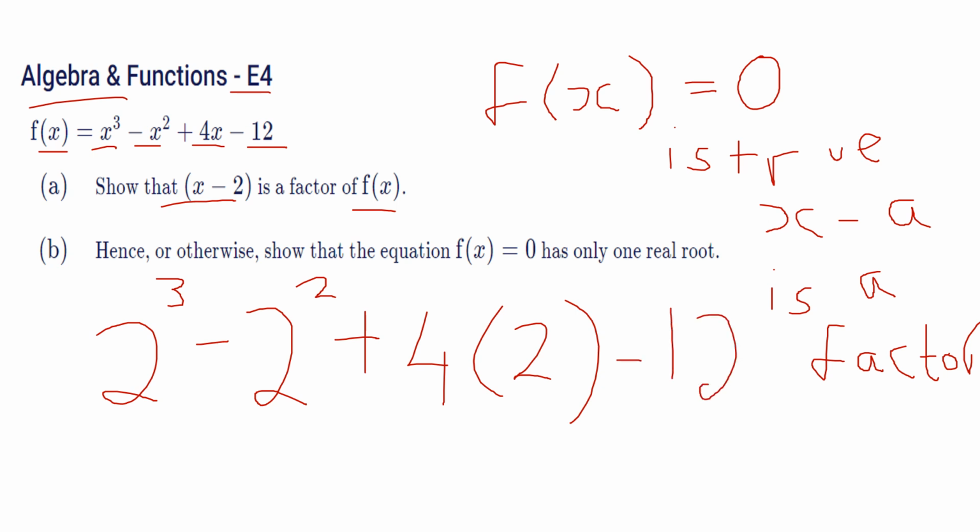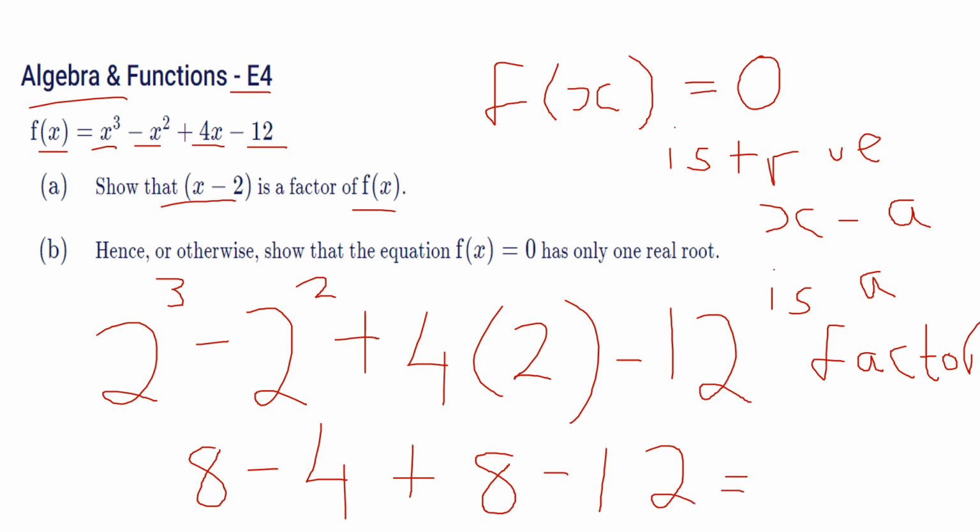Now 2 cubed is 8, 2 squared is 4, so we've got 8 minus 4 plus 4 times 2, so 4 lots of 2 makes 8. Subtract 12. Here we've got addition and subtraction, so use mid-mass and work from left to right. So 8 minus 4 is 4, plus 8 makes 12, minus 12 makes 0. Therefore, x minus 2 is a factor.